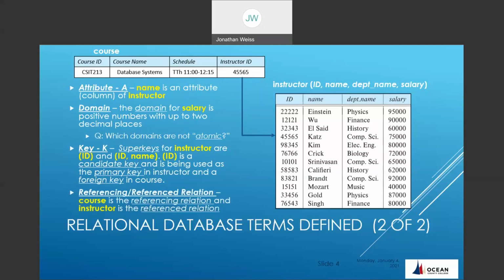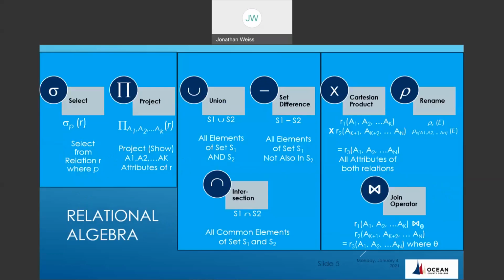So course is the referencing relation, and instructor is the referenced relation. Everybody good with this so far? Makes sense? All right, and we'll be reviewing this stuff in more detail as we go along.